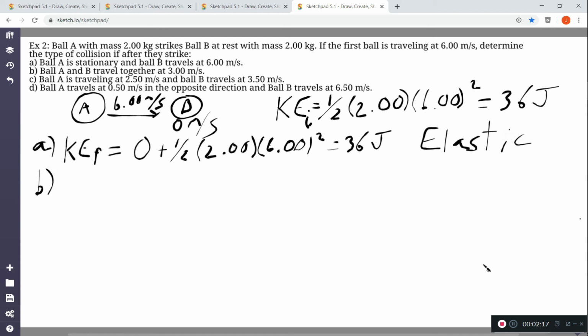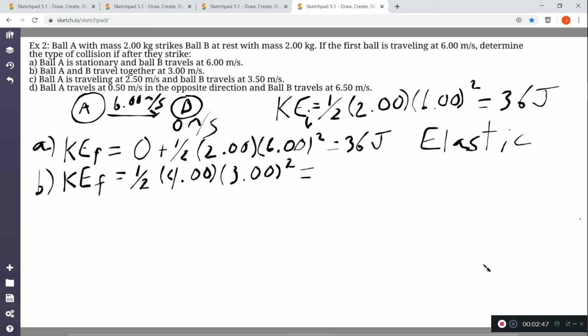Part B. In this situation, ball A and B traveled together at 3.00 meters per second. Traveling together is oftentimes an indicator of a perfectly inelastic collision. So at the end, they're together, so we can do it as one object. They have a total mass of 4 because it's 2 plus 2, and they are traveling at 3 meters per second.